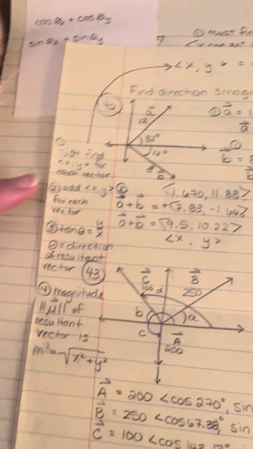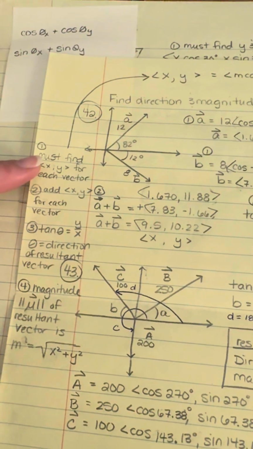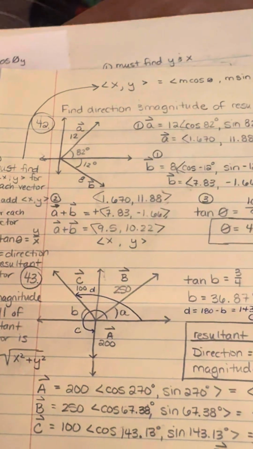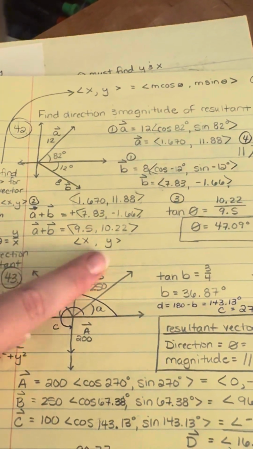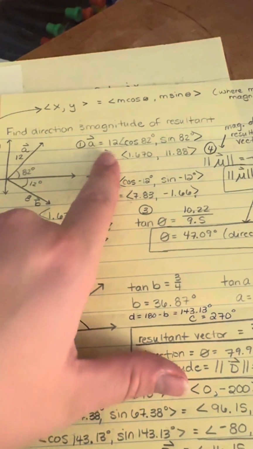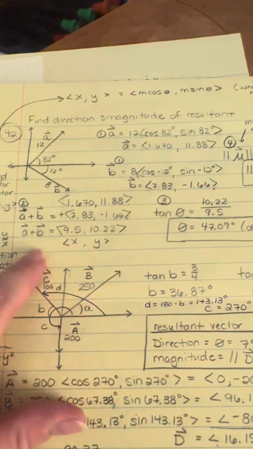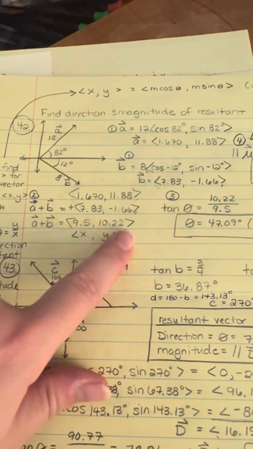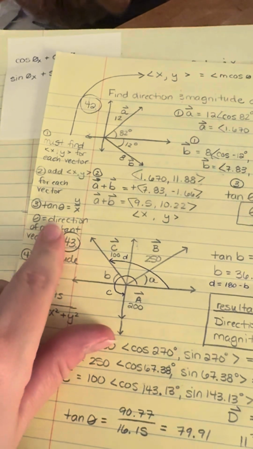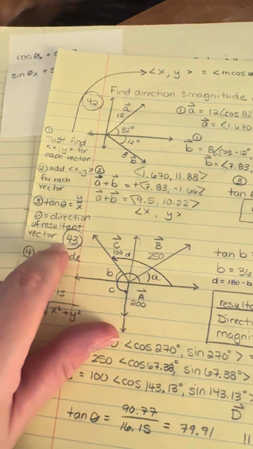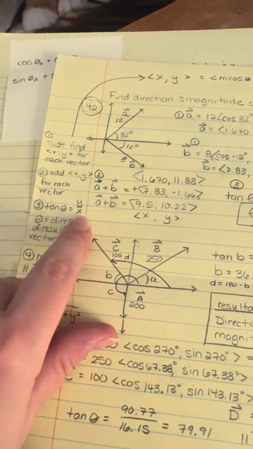And then you can see I broke it down step by step here. So step 1, you must find the x and y for each vector, right? You need to be able to find what they are for each vector so that you can add them to find the resultant vector. So this is where I solved that, and I got the b, and then I added the a and b together and got my x and y. So then that's step 2. And then step 3 is to find the direction of the resultant vector, which is tangent of theta equals y over x.